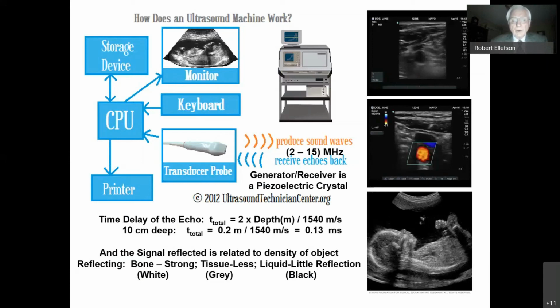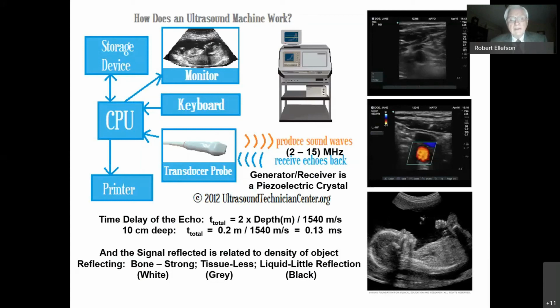The transducer probe is the generator of ultrasound and the receiver of the reflected signals coming back. Both of those are driven by a piezoelectric crystal with a high frequency RF drive to it, or it can read the displacement of the same crystal and the electricity that's generated with this piezoelectric crystal.